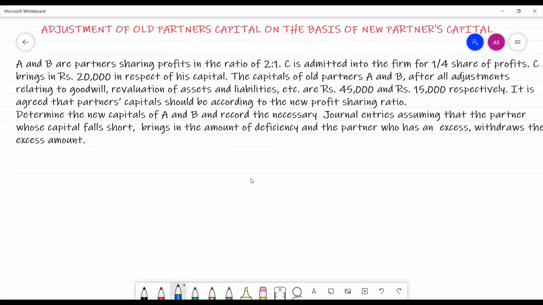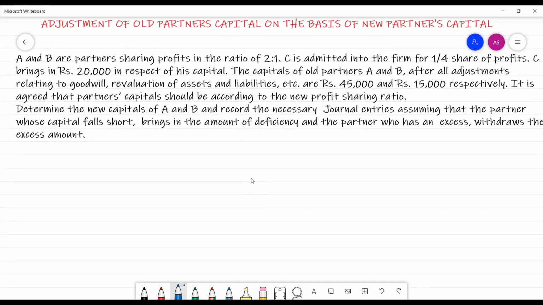A and B are partners sharing profit and loss in the ratio 2:1. C is admitted in the firm for 1/4 share. C brings in rupees 20,000 in respect of his capital. The capitals of old partners A and B after all adjustments relating to goodwill, revaluation of assets, liabilities, etc. are rupees 45,000 and 15,000 respectively.